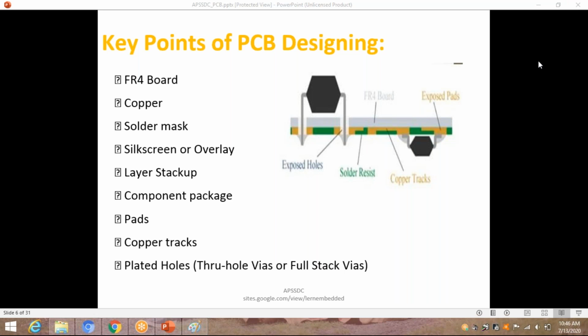But coming to the surface mount technology, the components are directly placed on top of the copper and they are soldered on that side only. In surface mount technology, there is no need of drilling holes.